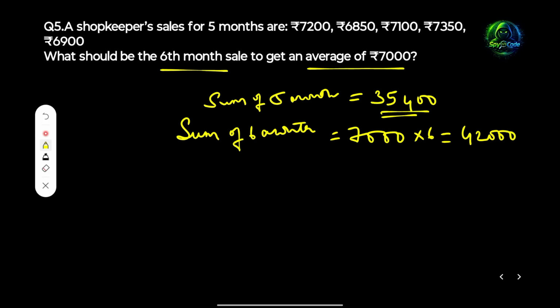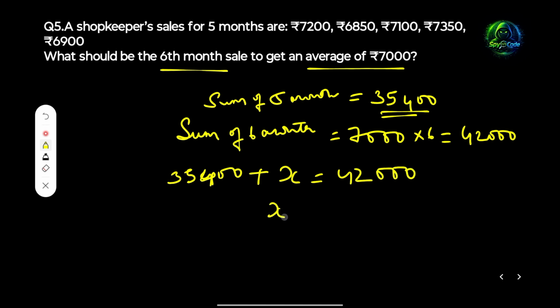We don't know the 6th month sale. The 5 month sale is 35,400. The 6th month sale we don't know, so we'll take it as X. And the total 6 month sale is 42,000.